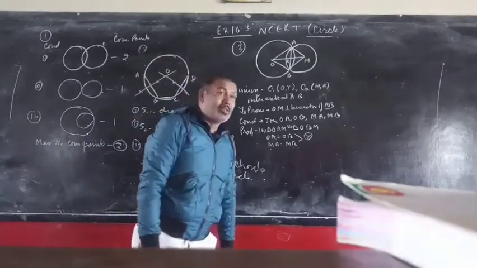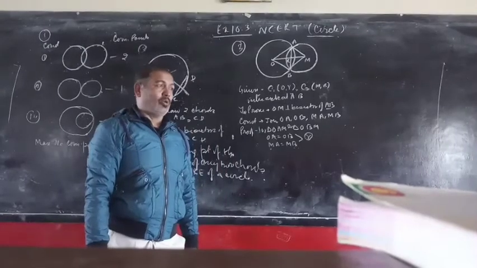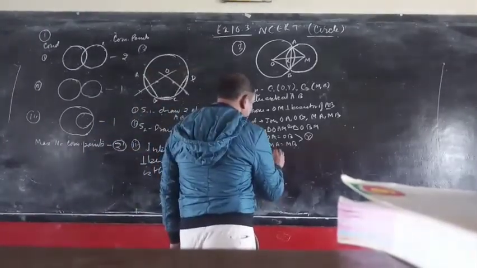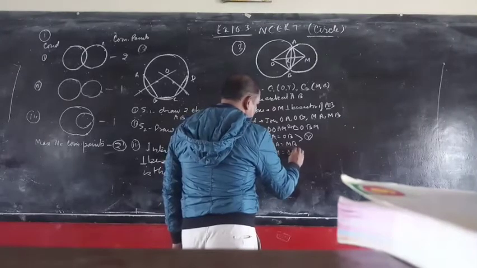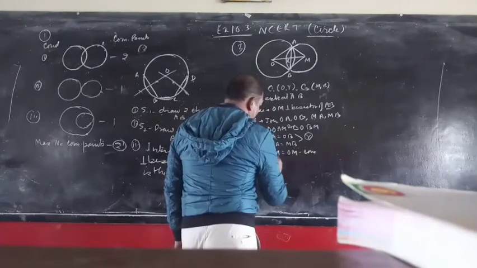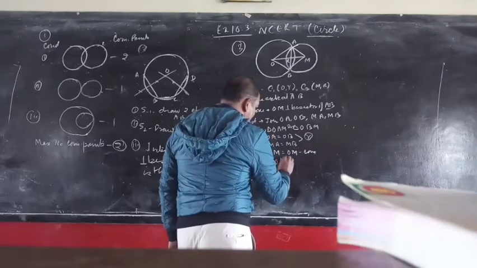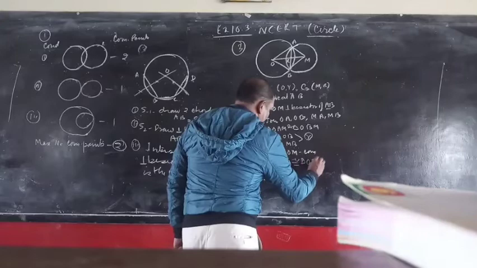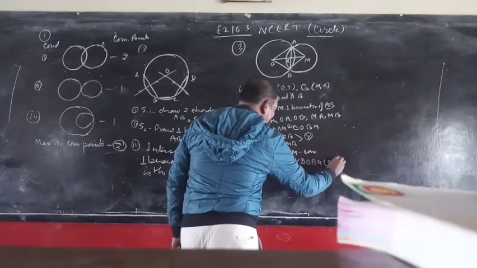Now, what is the third point? Very good. OM is equal to OM because it is common. So triangle OAM is congruent to triangle OBM because of SSS.